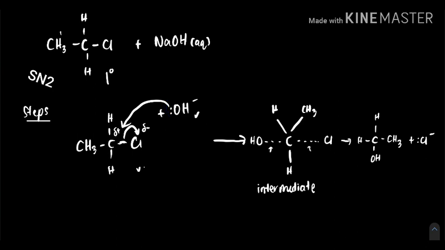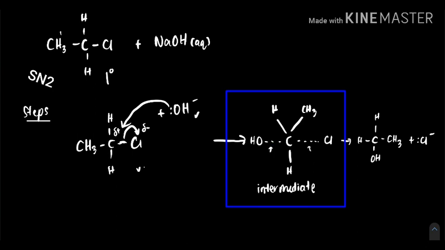So the nucleophile, the OH minus, will attack the carbon of the halogenoalkane, and they are going to form an intermediate. If you want to draw a nice diagram, I suggest you draw something like this. This bond is going to be broken, so you can put a dotted line over here to Cl, and if you want your diagram to look nice, you can put the bond that will be formed as OH over here.